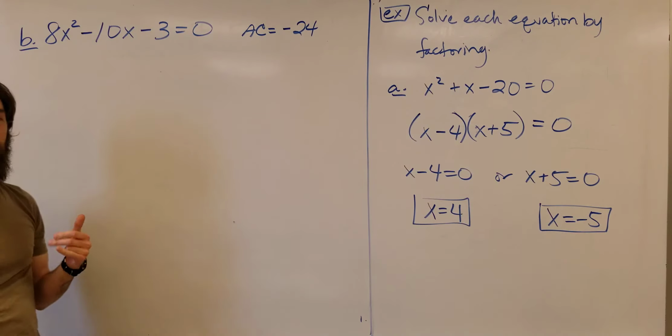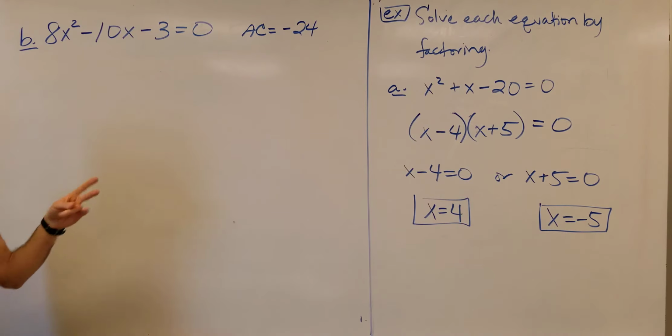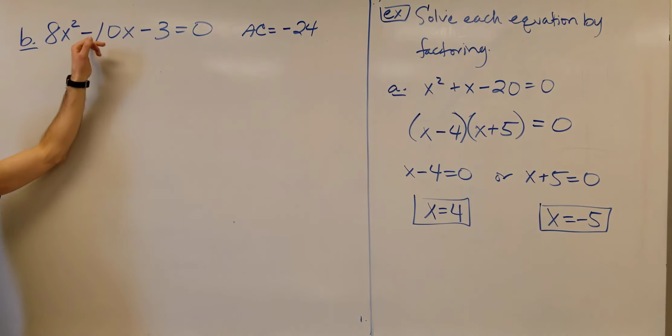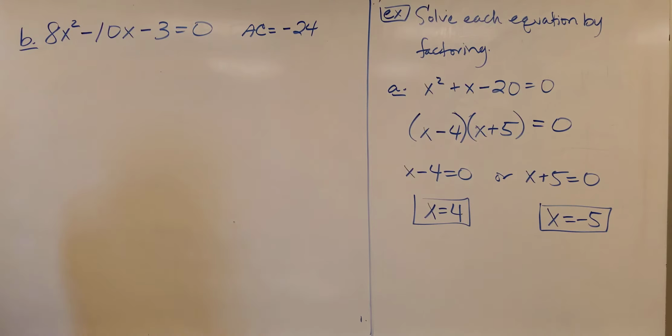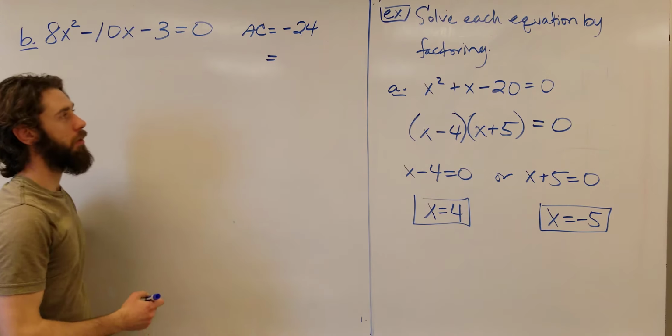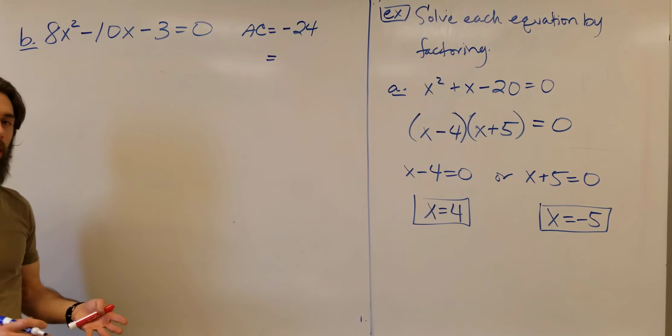It's looking like we're going to have one positive and one negative factor, and then the negative one needs to be bigger. So how could that work? What positive and negative factors of negative 24 would add up to negative 10? That would be positive 2, negative 12.